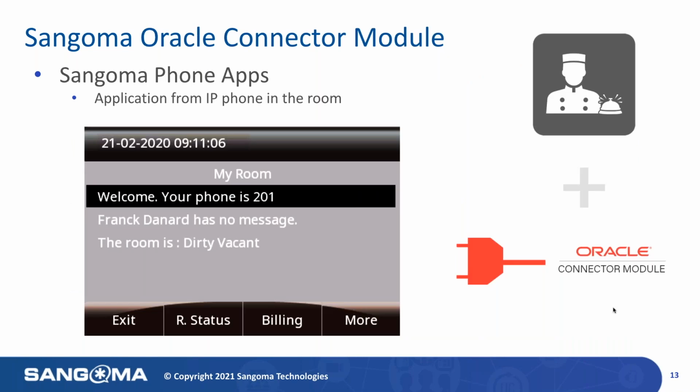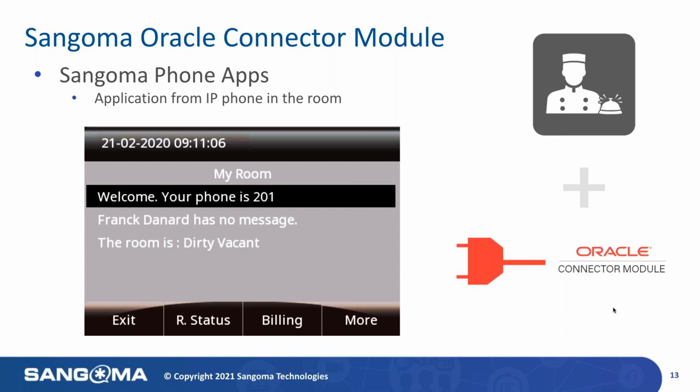So a quick peek at if you're using our Sangoma phone apps and you have this Oracle phone app on there, right from the face of the phone, when you log into it, you're going to be able to see what your phone is, or your room number, or your extension number. If there are any messages that have been communicated from the Oracle PMS team at the front desk to you, you'll be able to view those.